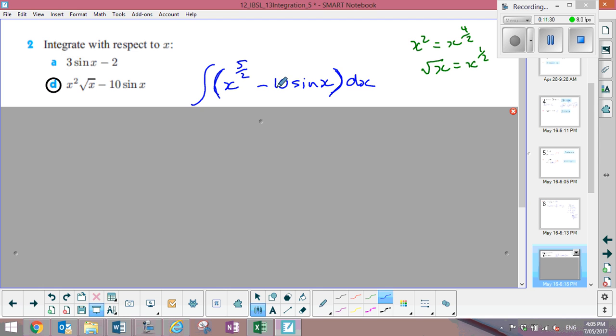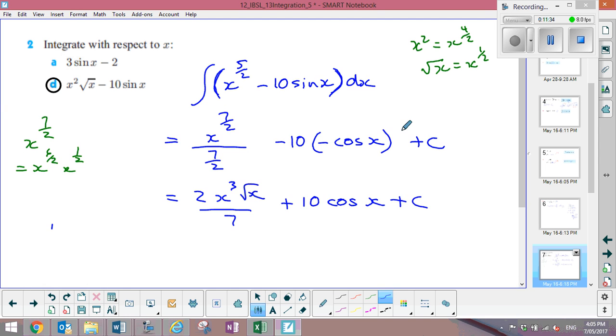And then the integral of minus sine x, remember, is cos x. So x to the 7 over 2, divide by 7 on 2, minus 10, you could just leave that as it is. Integral of sine x is minus cos x. So that now makes plus.